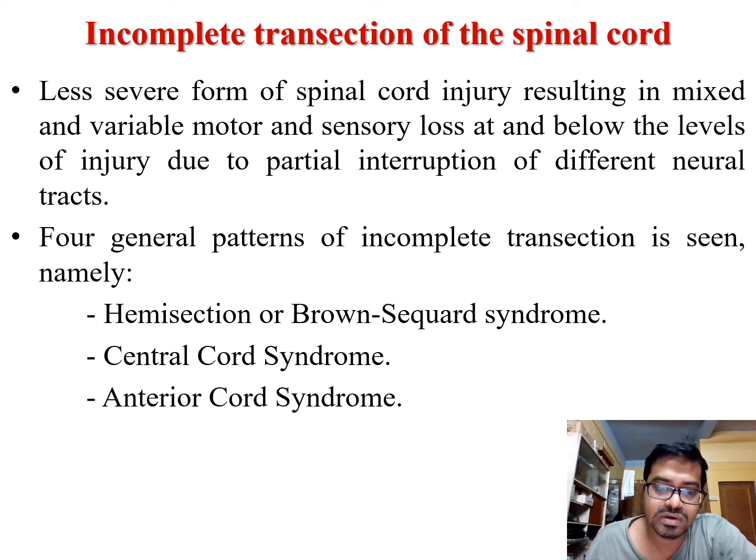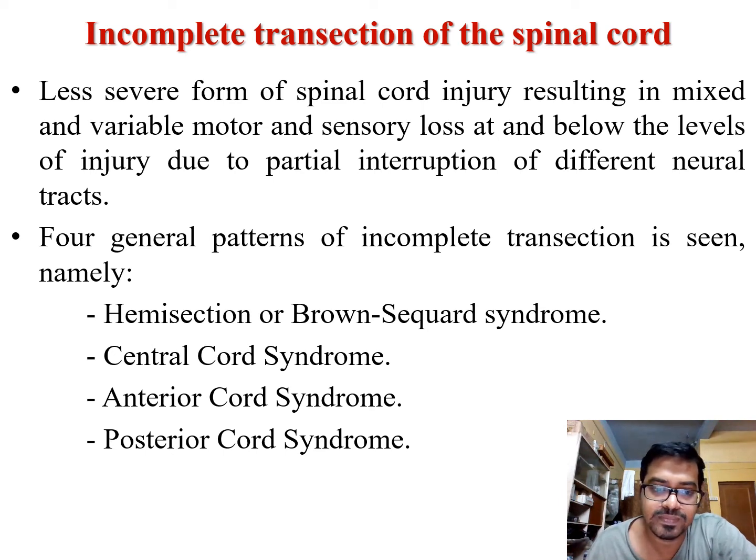An anterior cord syndrome means there is a section where the anterior part has been severed, while there is a posterior cord syndrome where the posterior part is severed. So these are the 4 general patterns of incomplete transection of the spinal cord. Among them, hemisection or Brown-Sequard syndrome is important for your purposes.